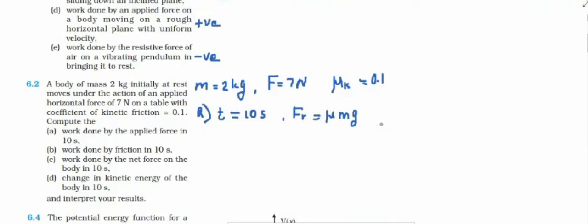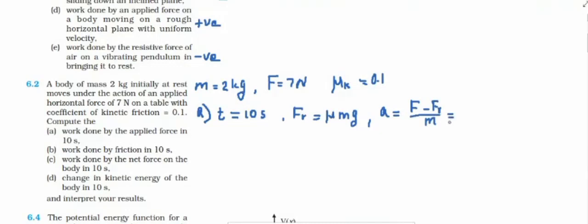Once you get the value of friction, you can calculate the acceleration of the body. a is equal to applied force F minus friction, divided by mass. Net force divided by mass will give acceleration.